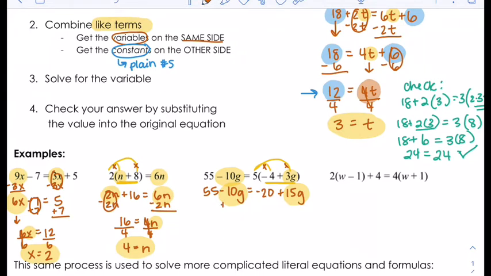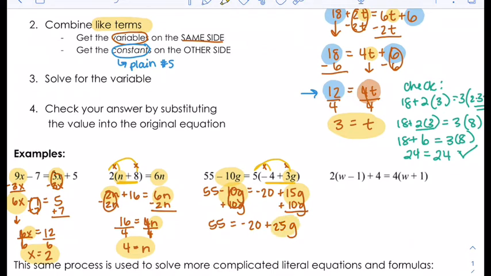So what I'm going to do here is I'm going to add 10g to both sides. On the left, negative 10g plus 10g gives me 0, so I'm left just with 55 equals negative 20. And then I have 15g plus 10g, which is a positive 25g.